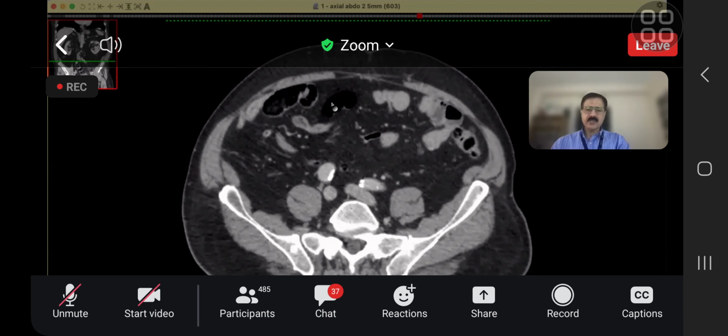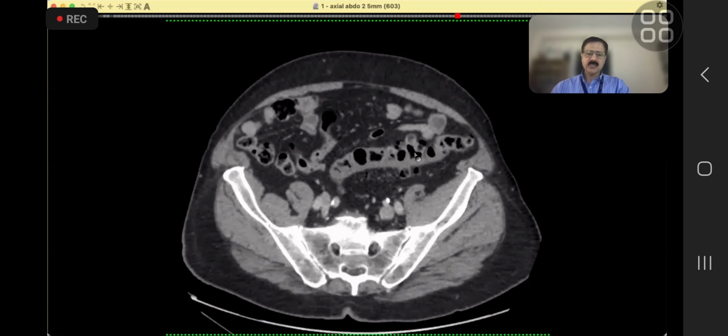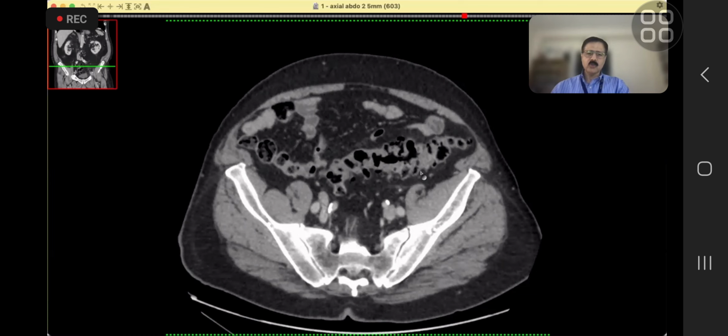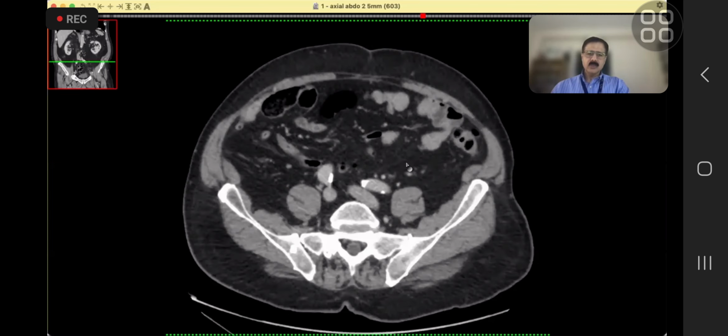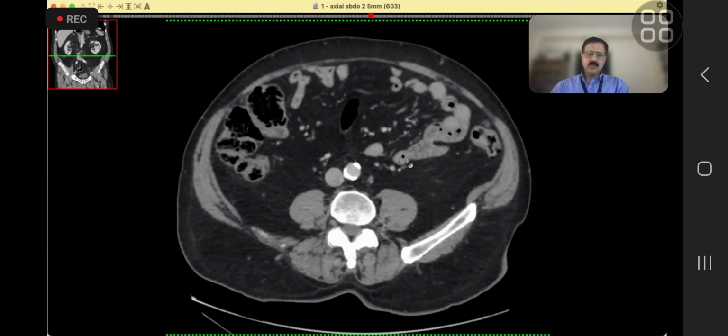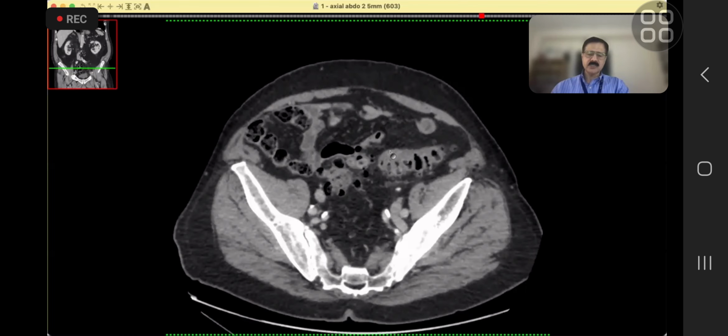Now, the key finding is, look at this colon, and you can see so many diverticuli right and left, innumerable diverticuli. As we go down, look at this, something is there.